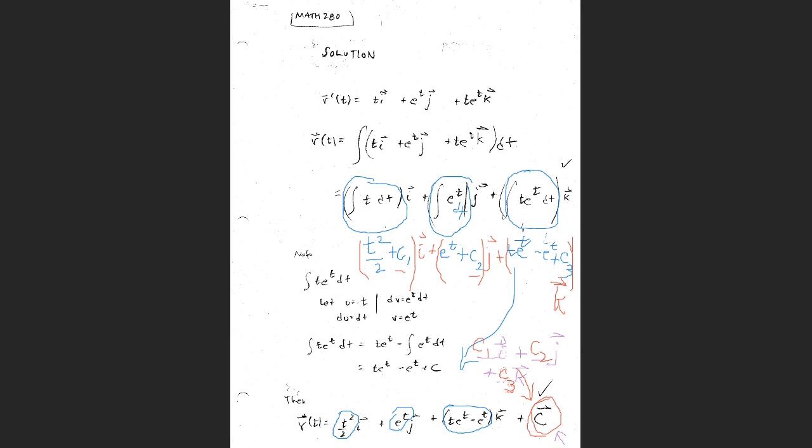Who is uncomfortable with the fact that this constant vector equals C1 times vector i plus C2 times vector j plus C3 times vector k?